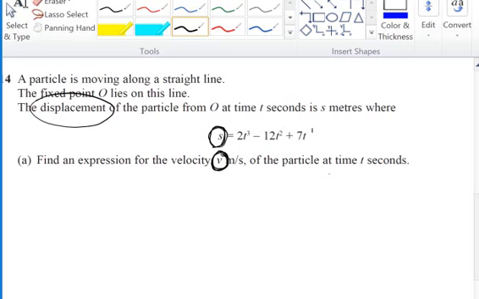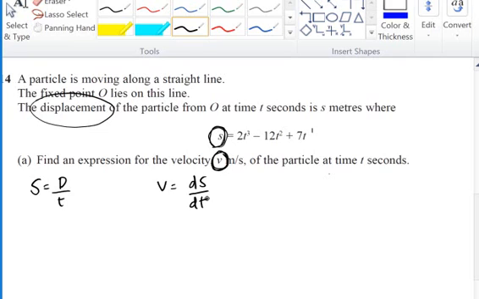And if you think back to the formula you do know, speed equals distance over time, then that may help you remember that to calculate velocity, you find a little bit of distance over a little bit of time. In other words, ds by dt.